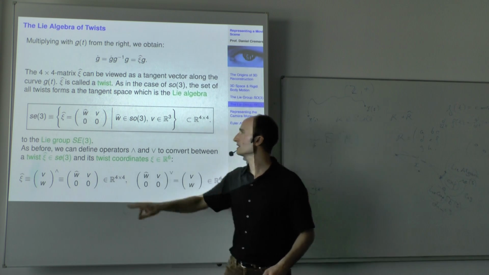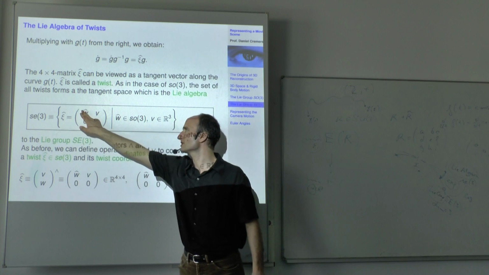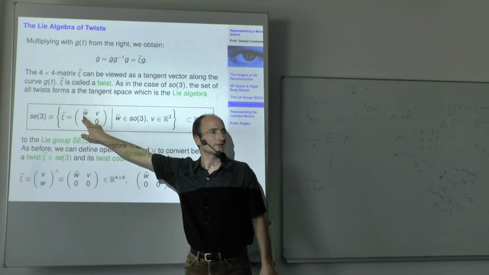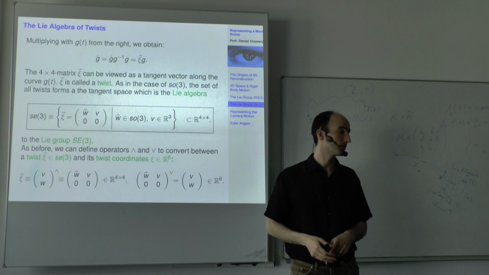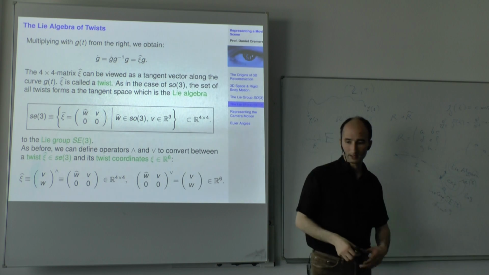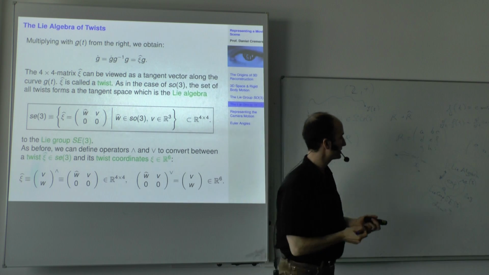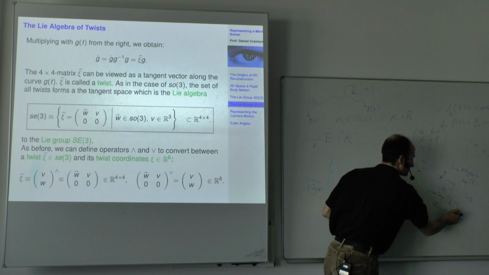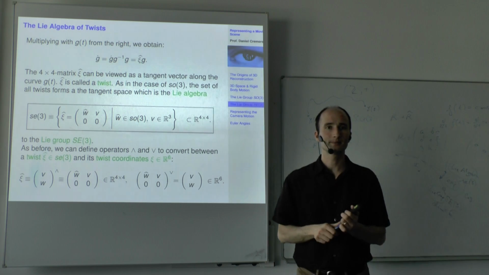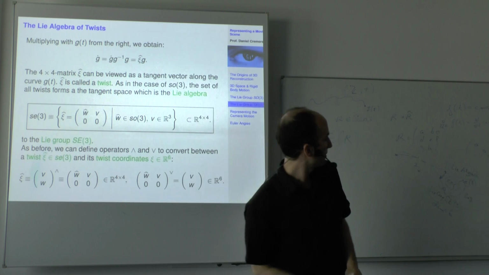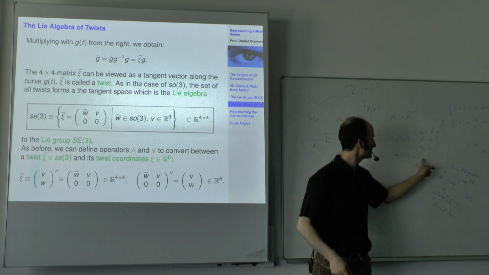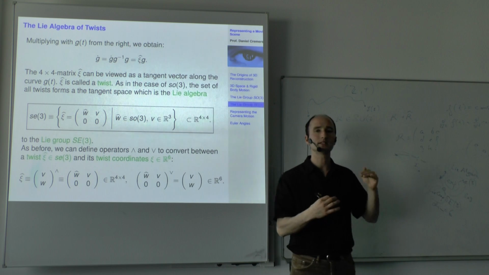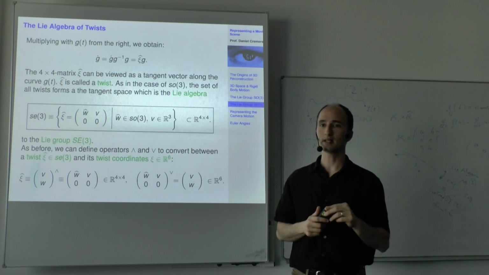You see the coordinates we have here, the skew-symmetric matrix has 3 degrees of freedom. That vector here has also 3 degrees of freedom. So in total, this is the thing I should have changed when changing the drawing. The dimension of these spaces is 6 here. And so the plot is even more misleading. It's not a 1D curve and this is not a 1D plane, but both of these spaces have 6 degrees of freedom.